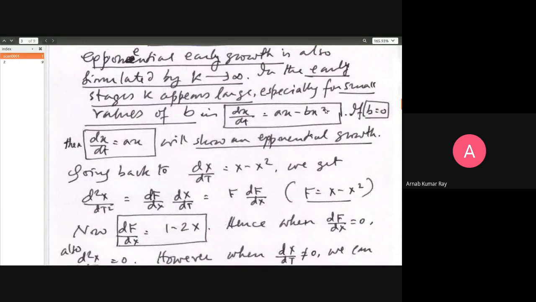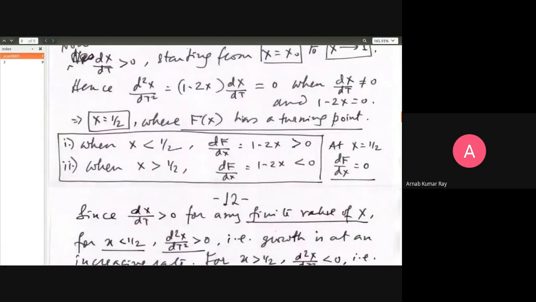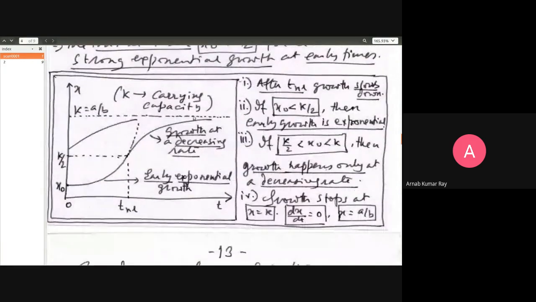If you're starting with a large x value, then you can't anyway neglect this part, right? As a result, even from these early stages, your growth will be a slow, decreasing rate growth. So if you start with x naught, you come here, and then you have this concave downward curve.